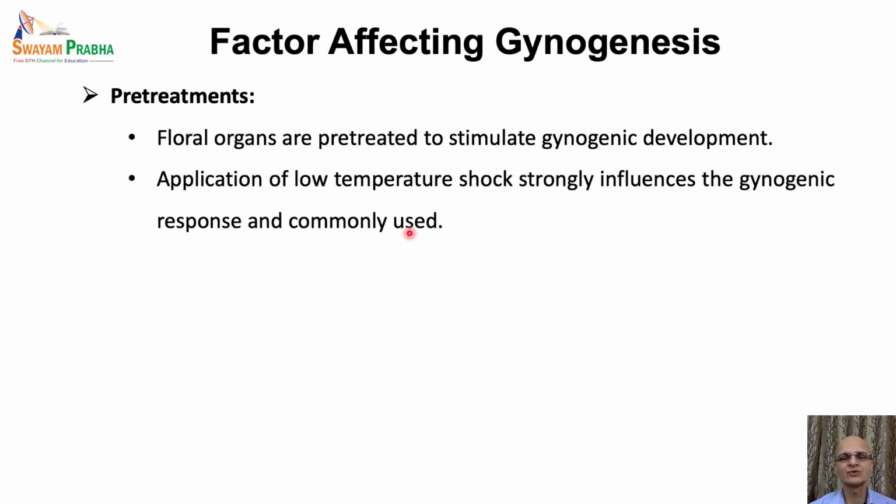Floral organs are usually pretreated to stimulate the gynogenic development, that is, the process of sporophytic development in the female gametophyte. As we discussed various treatment methods for the androgenic responses from pollen, like temperature shocks, starvation, and the use of chemical treatments, these factors impact the gynogenic responses too.